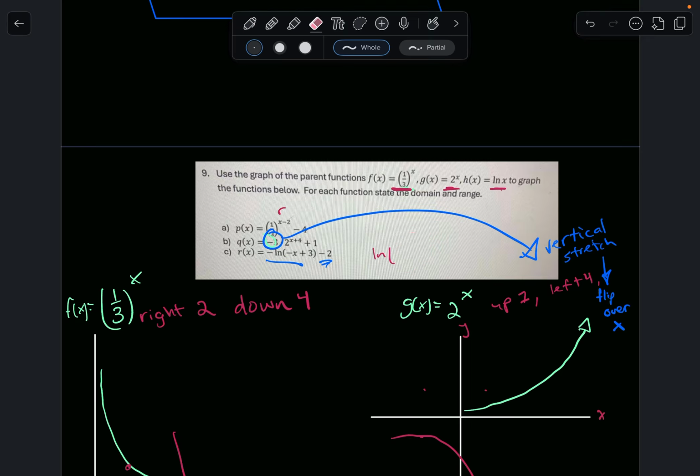Let's not distribute here. Let's just rewrite negative x plus 3 as negative x minus 3. We can do that, right? And we can see that in there. And then we see that negative outside. The negative outside is still a reflection over x. Yeah, I think that's how you solve that.